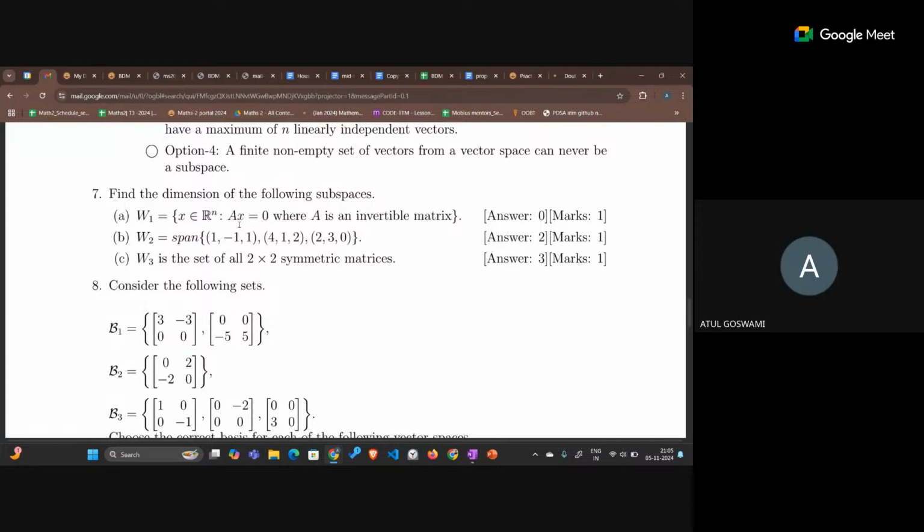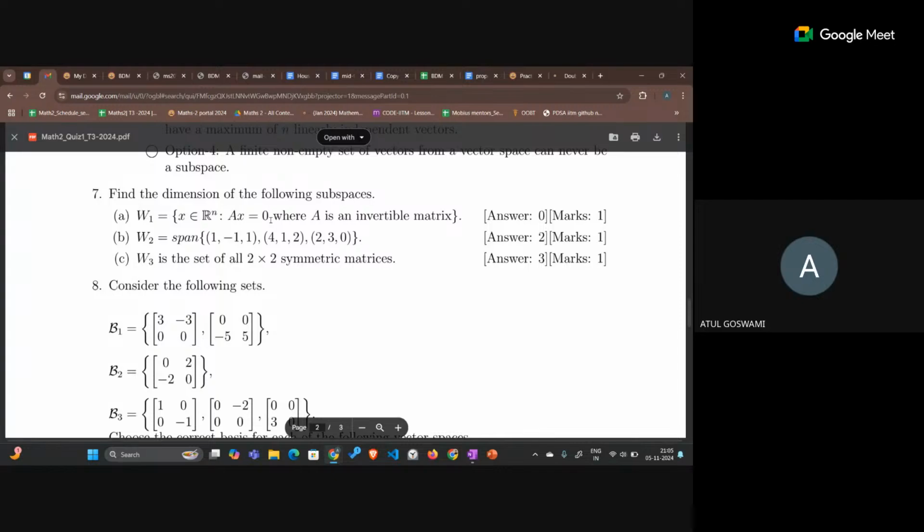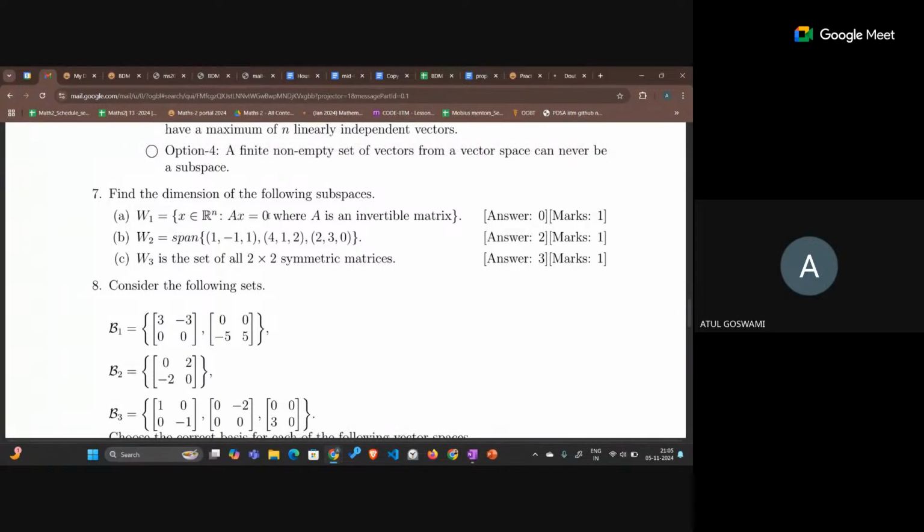Suppose this is Ax equal to b, and A is invertible. That means it has a unique solution which is non-zero, right? Definitely non-zero if b is not equal to 0. So basically this set W1 has only one vector which is non-zero. So in that case, dimension will be the dimension of that vector only, right? No. In that case, it is not a vector space.